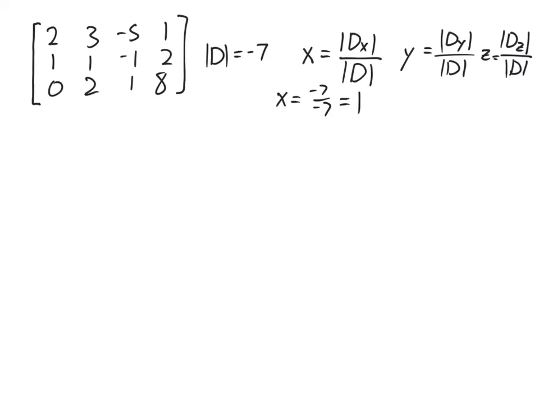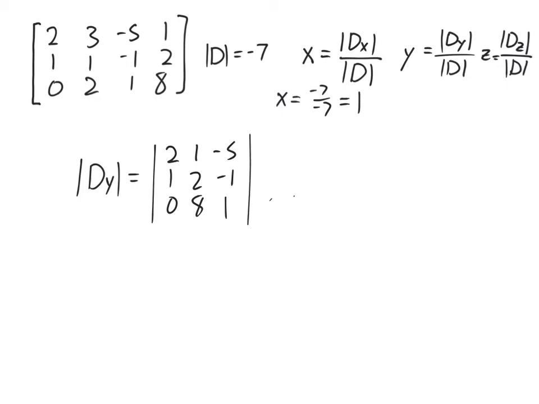Now I've got to find the determinant d sub y, which is going to be the same idea, but I'm going to take my answer column and replace it with my y column this time. And this will be the determinant of 2, 1, 0; 1, 2, 8; negative 5, negative 1, 1.